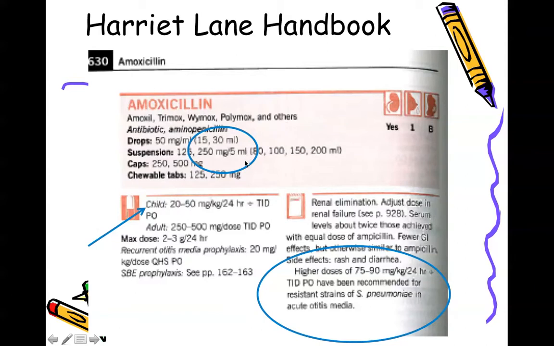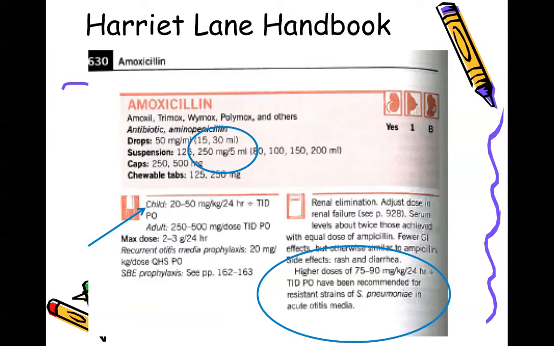So when the parent or you are dosing this medication, every time you give 5 mLs, you are giving a 250 milligram dose. Or you can get a different suspension that has 125. They also have other concentrations available now, 400 milligrams per 5 mL and 600 milligrams per 5 mL. So those are other options.